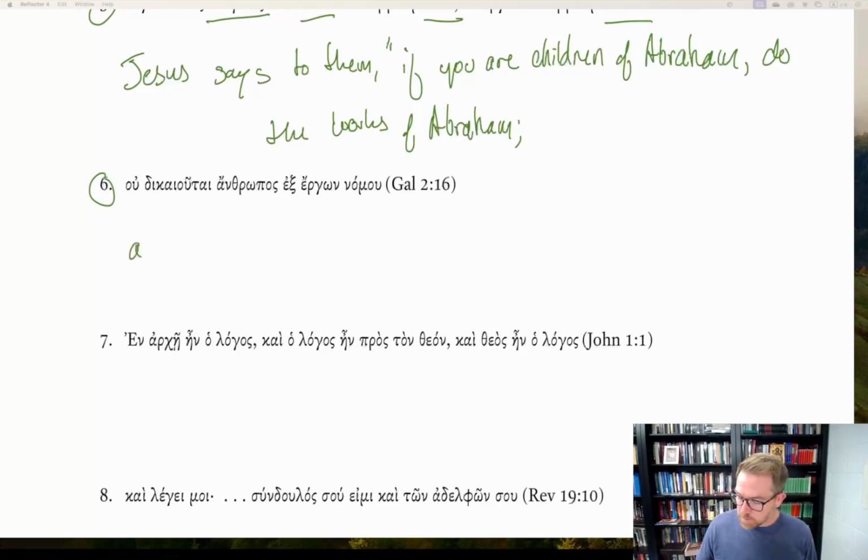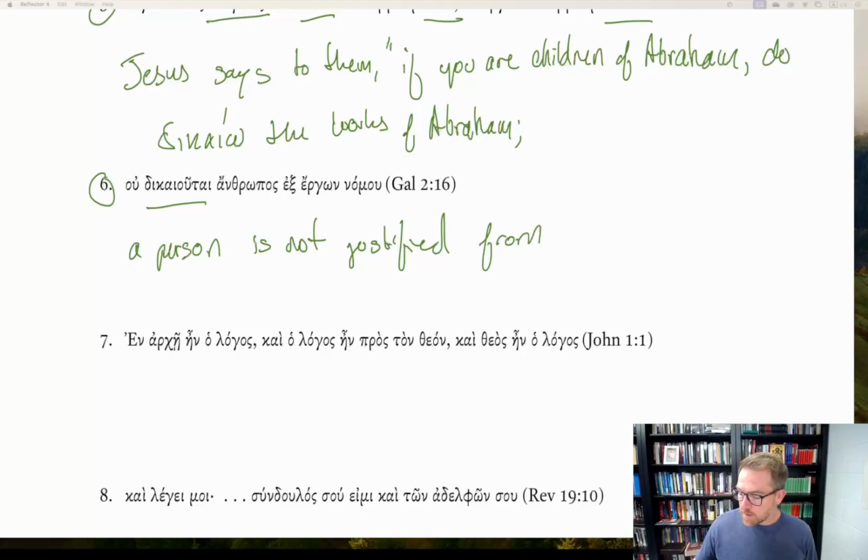A person is not justified, this is from dikaioo, justify, is not justified ex ergon nomou, from ergon, neuter, plural genitive, works of law. And remember, this on ending tells you it's plural works, right?